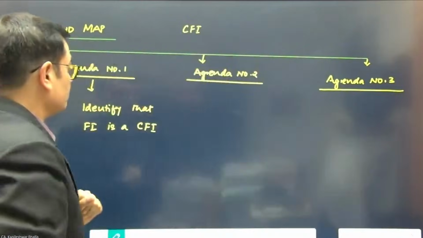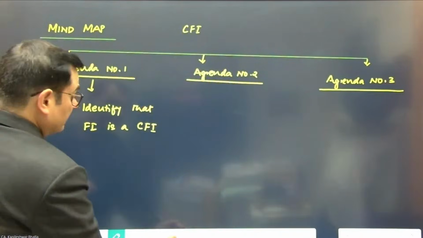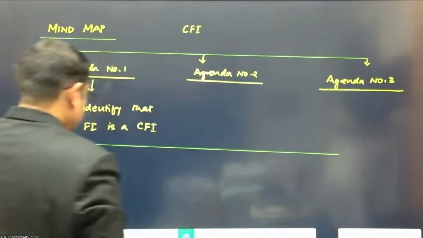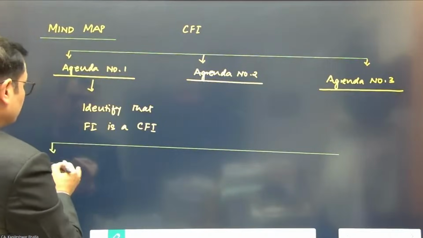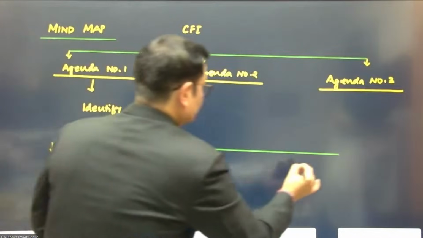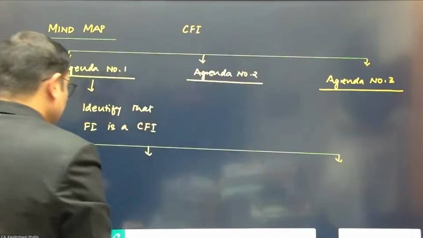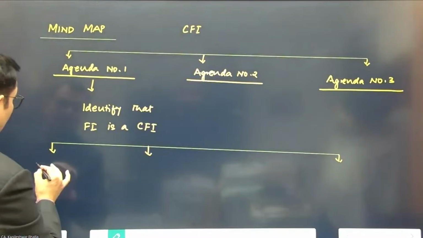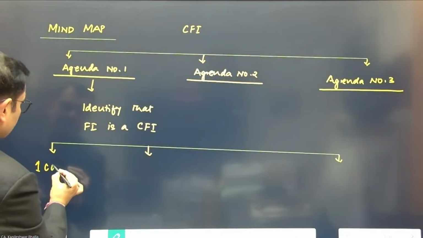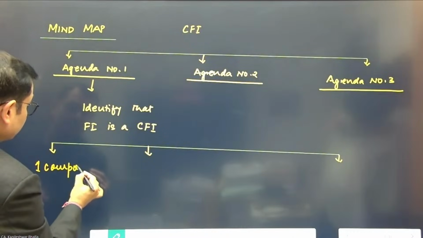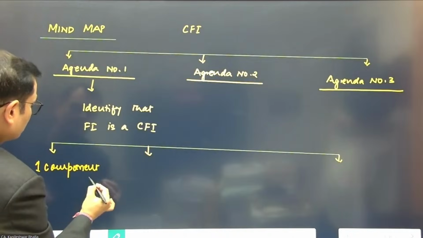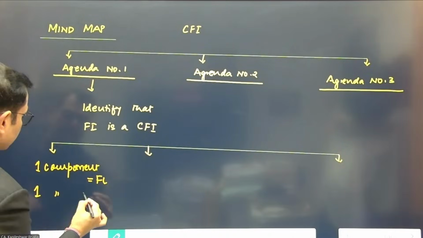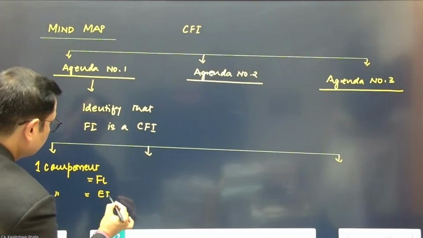In this particular case, we decided a total of 3 categories of instruments which could turn out to be a compound financial instrument. We discussed that one component of the instrument is supposed to be a financial liability, and one component of the instrument is supposed to be an equity instrument.